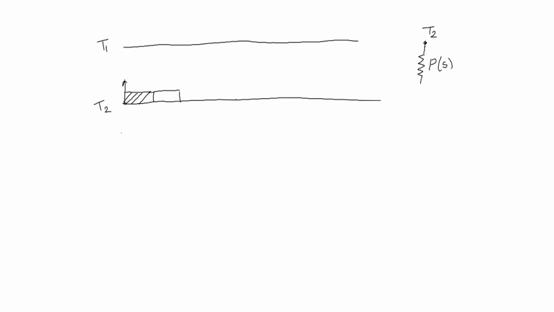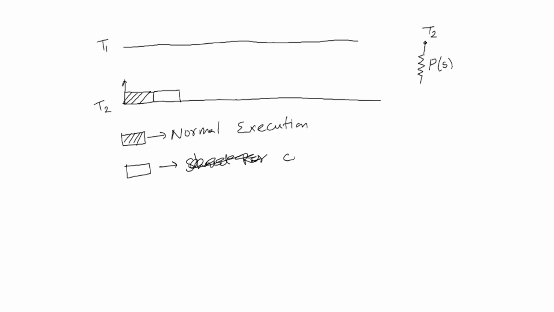If it is denoted like this, that means it is normal execution, and the blank one denotes the shared resource, or let me call it, it is in critical section.